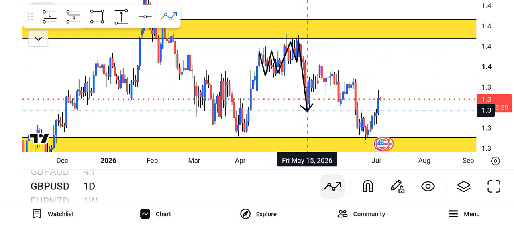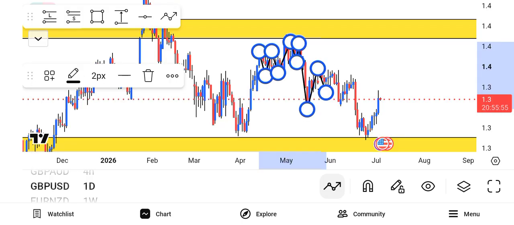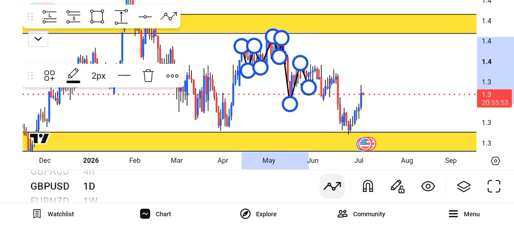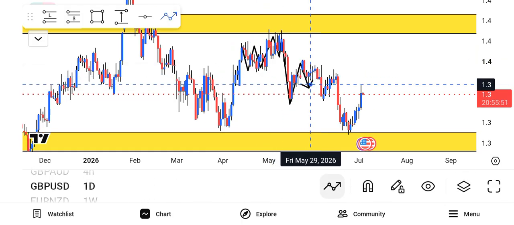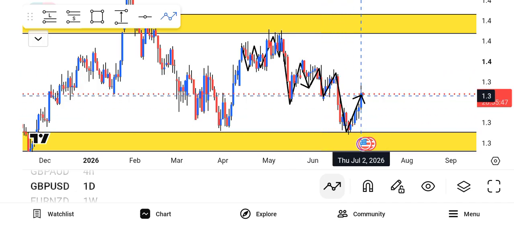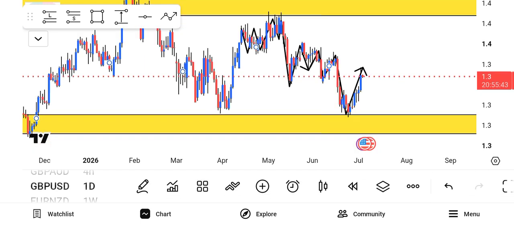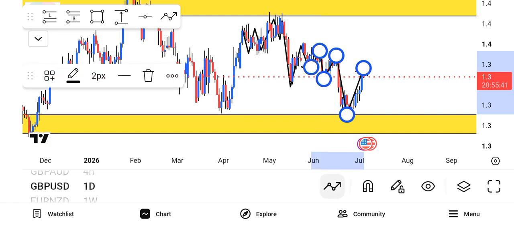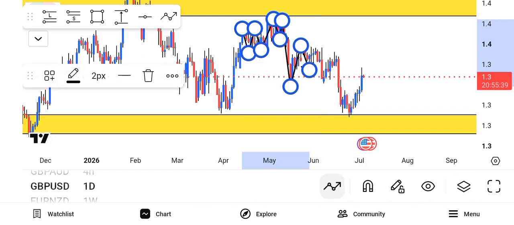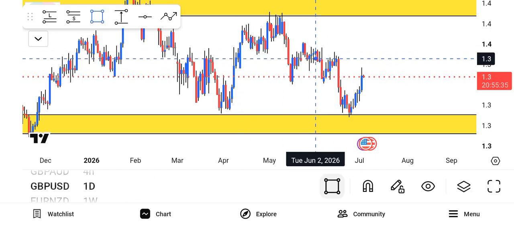Then there's now a long break, then a small reaction here, a small reaction here, continuation like this. So when you just look at it, it's obvious, you can simply draw your zone. You don't even need to think twice. You just draw your zone.